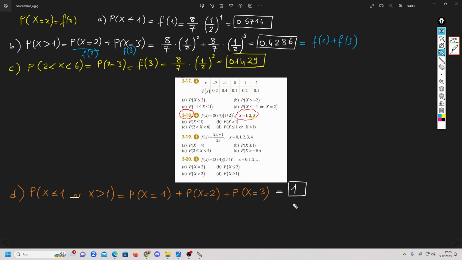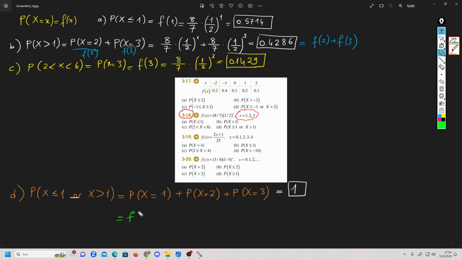According to the theory, the total probability should always be equal to 1. So this should always be equal to 1, or you can prove it. In part A, actually, we obtained this result.